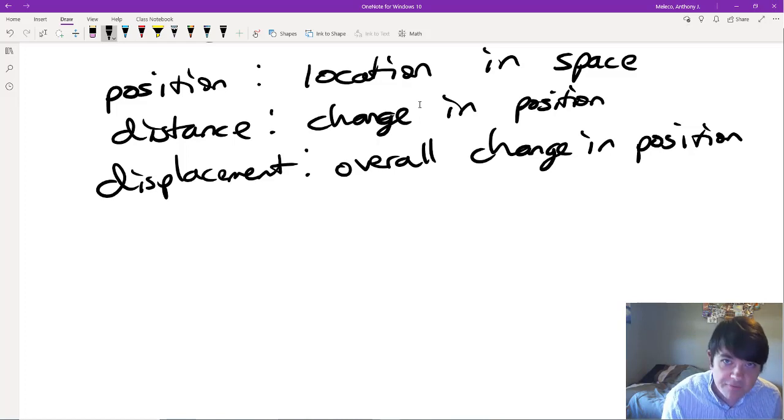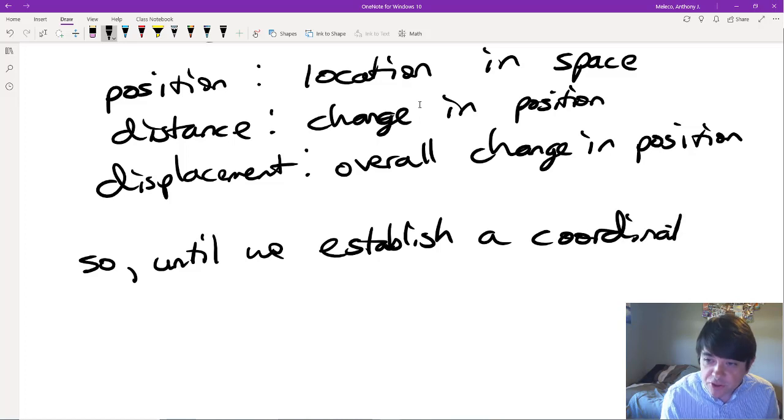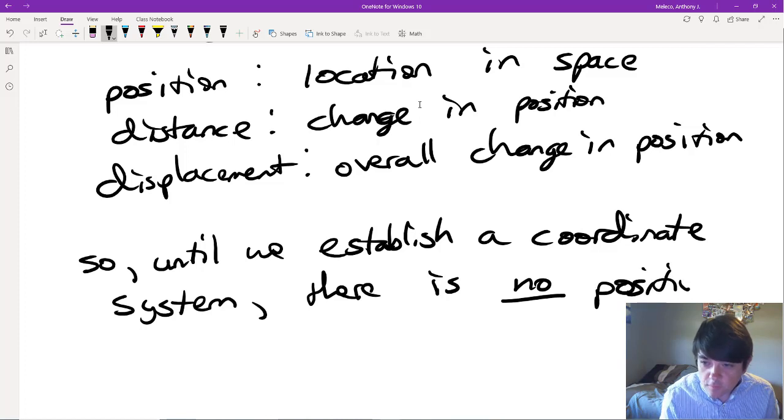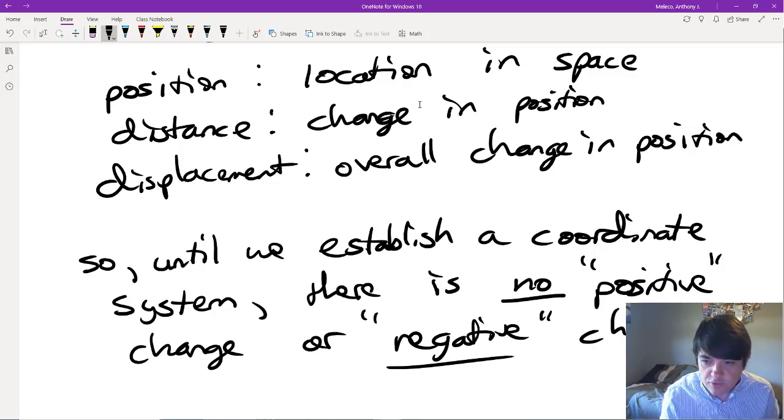abstract right now because we haven't established a coordinate system, okay? So until we establish a coordinate system, there is no positive change or negative change, okay?